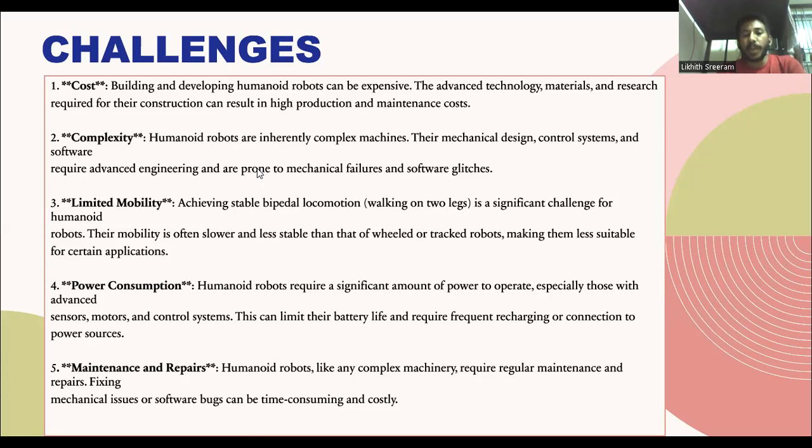This can limit battery life and require frequent recharging or connection to power sources. Maintenance and repairs: humanoid robots, like any complex machinery, require regular maintenance and repairs. Fixing mechanical issues or software bugs can be time consuming and costly.